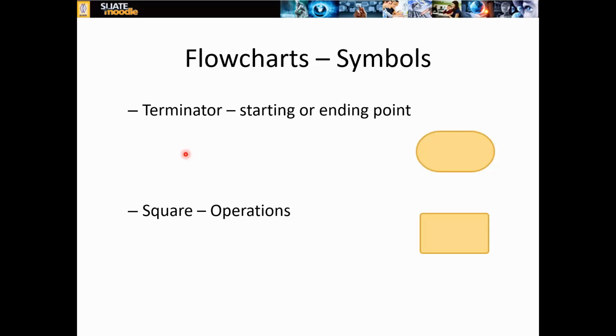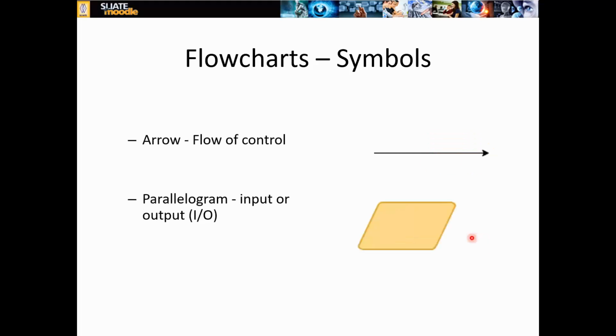First one is flowchart. Here, last day also you learned these things, right? Terminator. When you want to mention a starting point or ending point, you use this kind of symbol. And square, this represents the process. And flow line, how data flows will be represented with the help of this arrow.